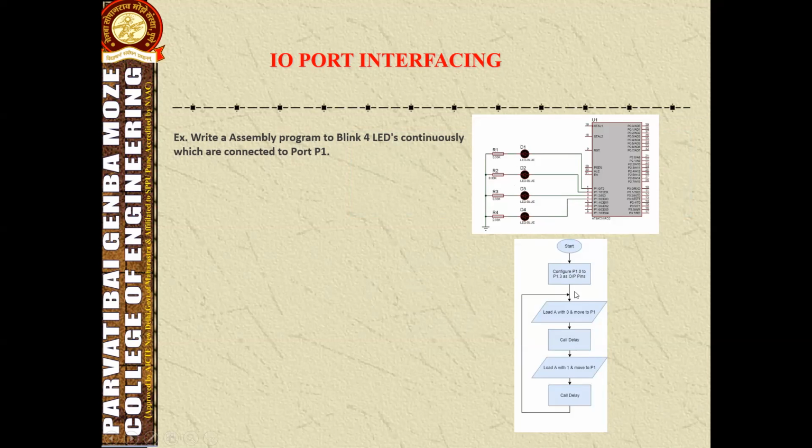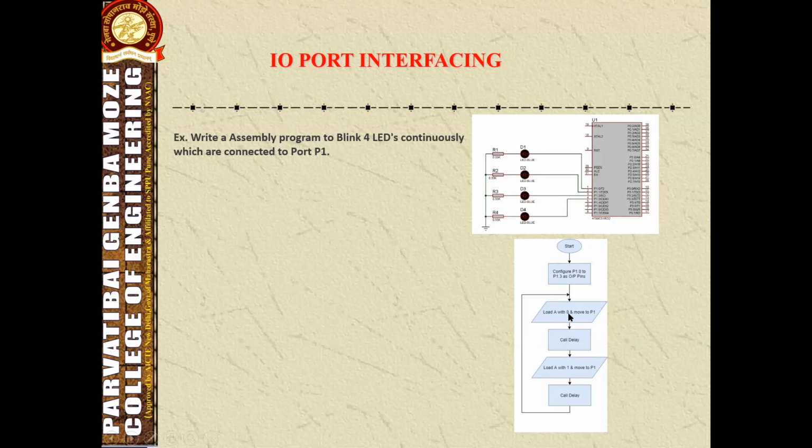So we have to configure these port 1 pins as output pins. First we have to tell the microcontroller that these pins should be configured as output pins, that they should behave like output pins. We have to give a command like that.